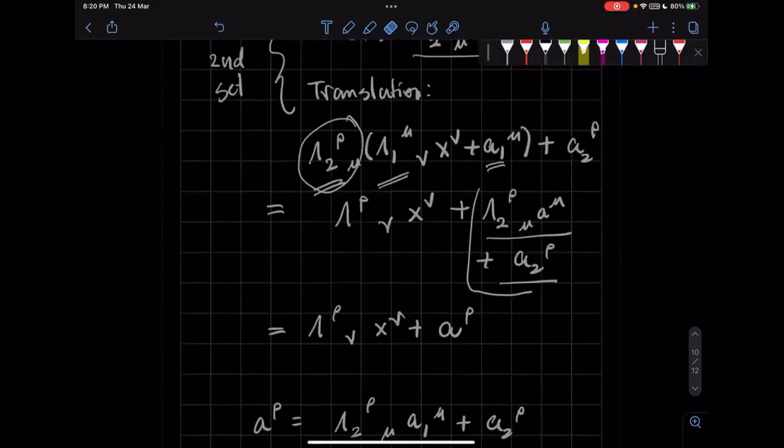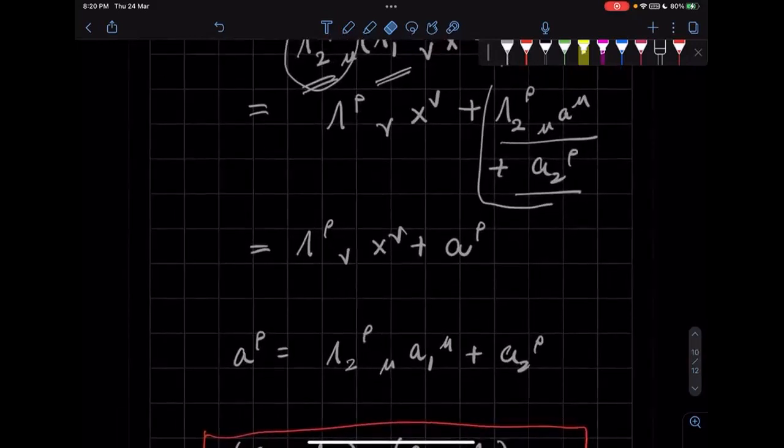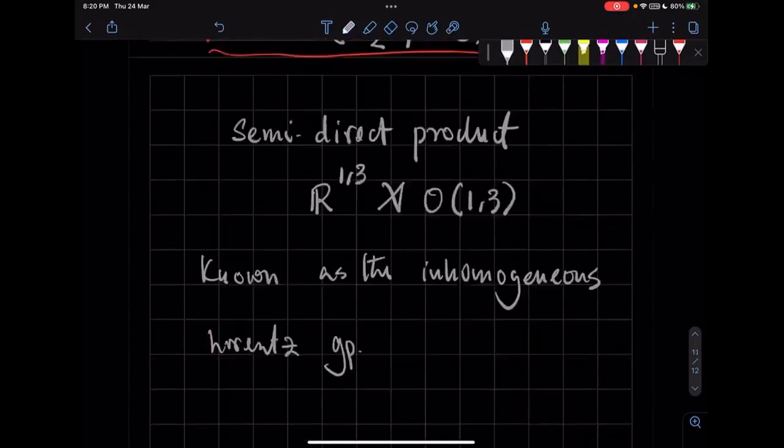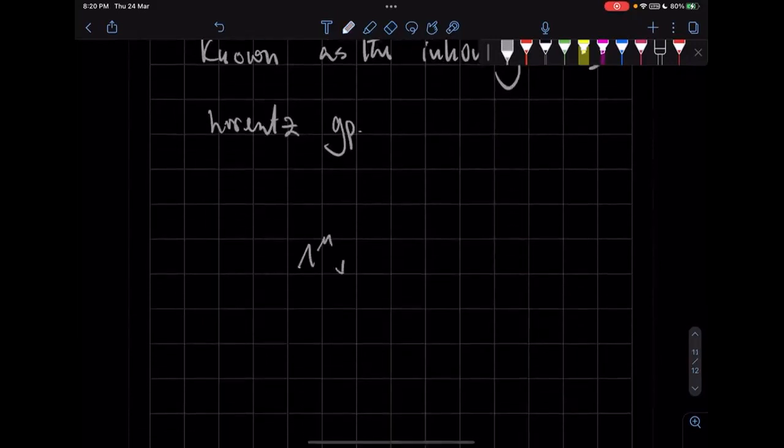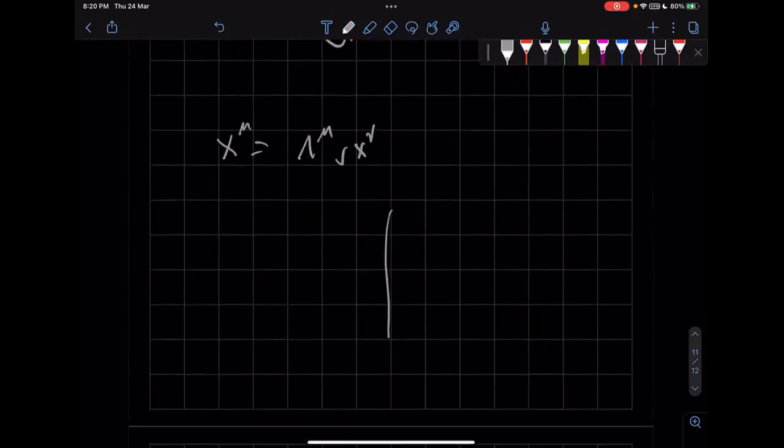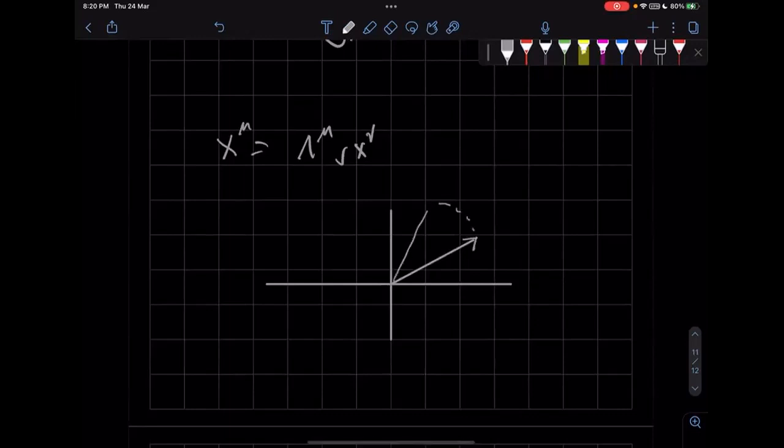And so what's inhomogeneous about this? So when we talk about linear transformations of this form, this is a linear transformation, right? If I think of a geometric rotation, this is what we would call a rotation like that. So these guys just rotate.